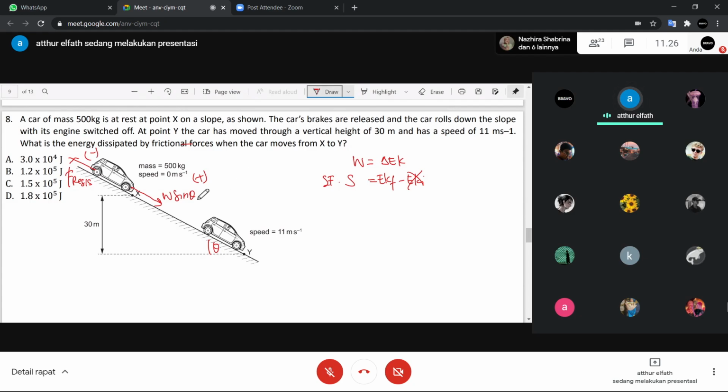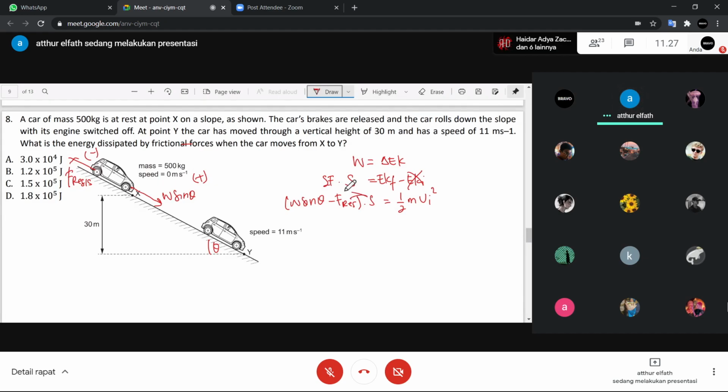Let's substitute these variables into this equation. W sin theta minus frictional resistance, times the distance, equals 1/2 mass times velocity squared. Let's multiply the distance one by one.